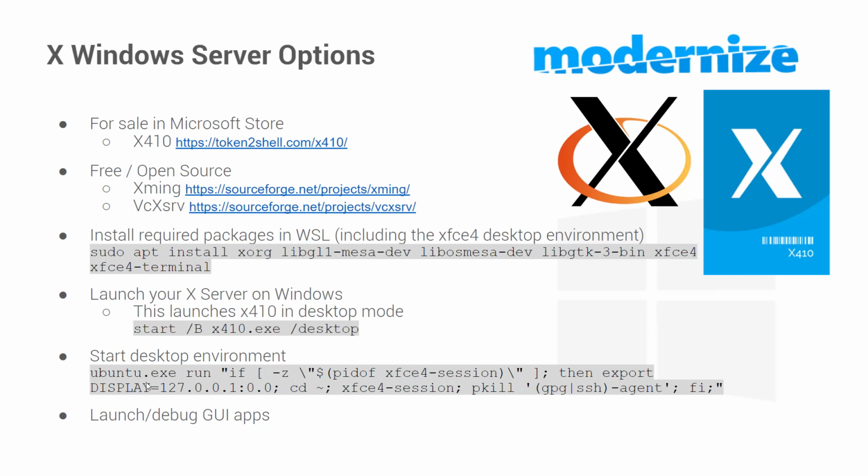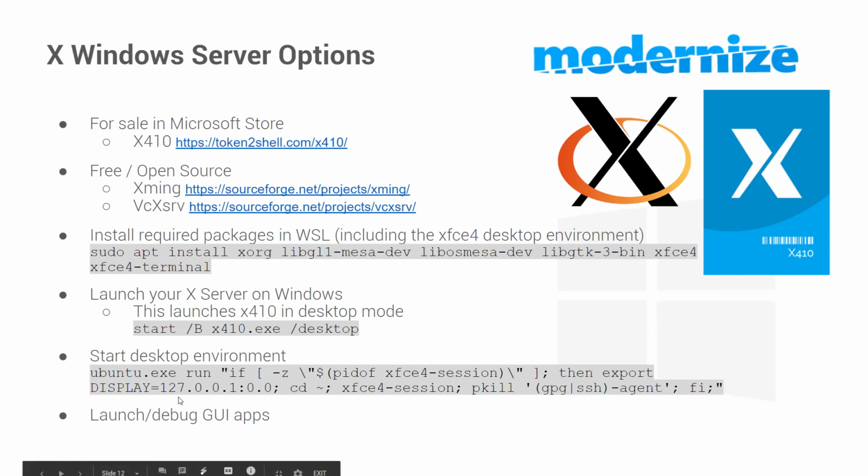Then you have to do this export DISPLAY right here, export DISPLAY 127.0.0.1. This tells it how to get to your Windows server. So since you're running X410 or one of these other ones like Xming or VcXsrv on the Windows side, you have to point it to that.